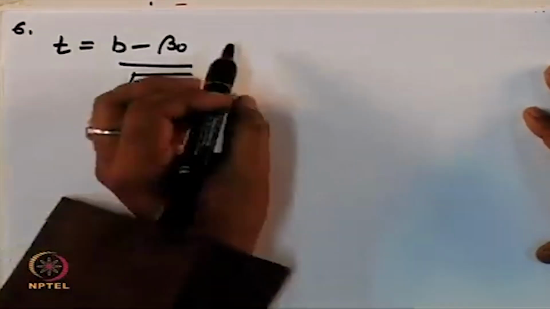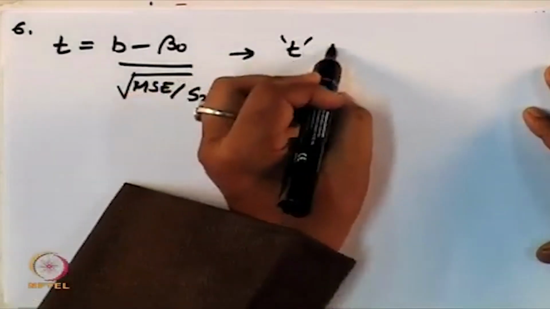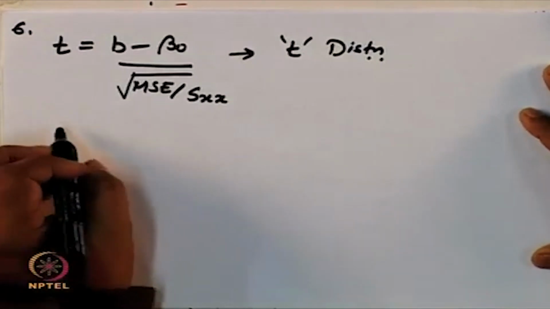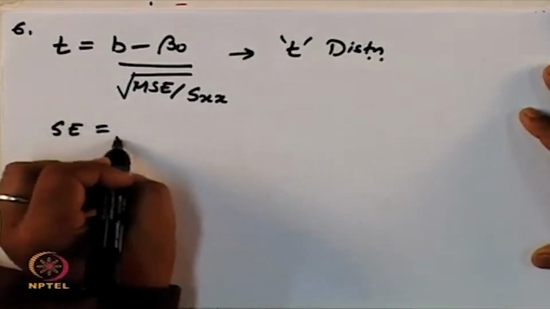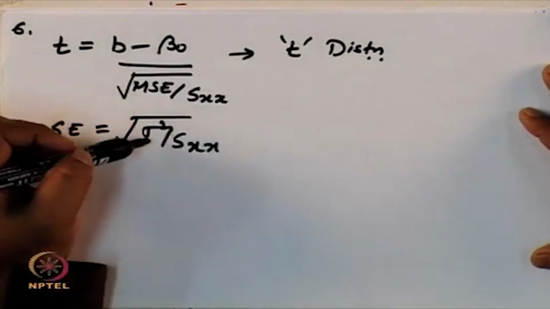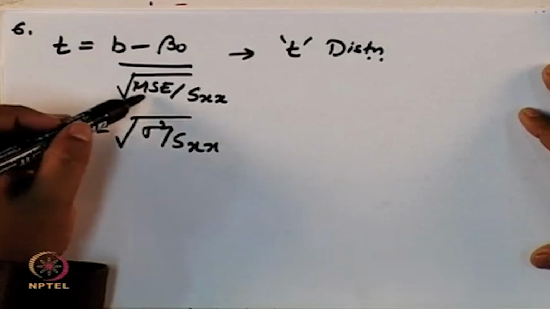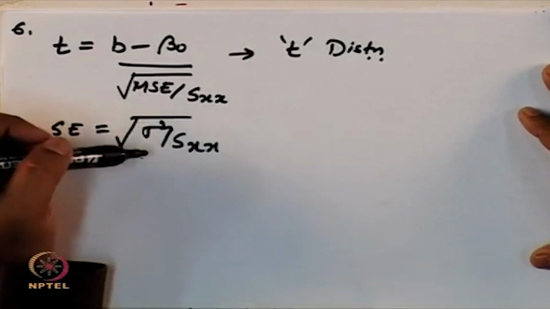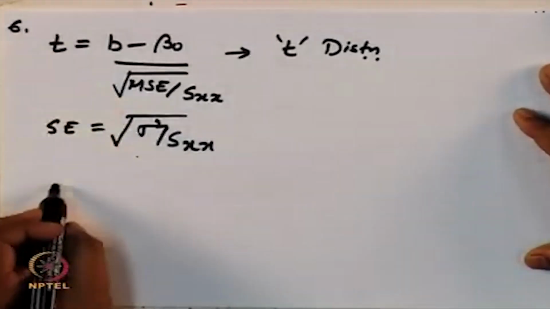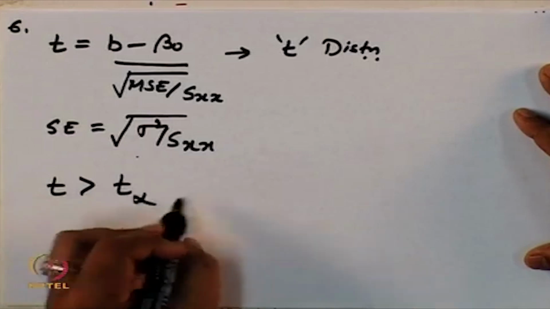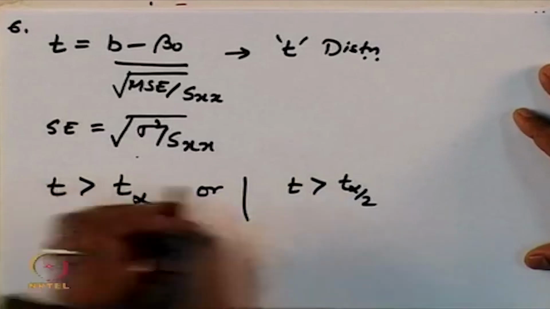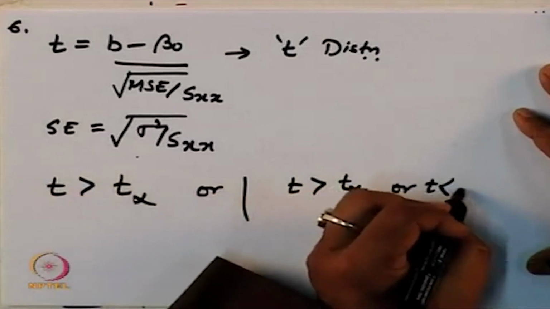This follows the t distribution, because your standard error is root of sigma square by Sxx, and MSE is the unbiased estimate of sigma square. Once you calculate the t statistic, if t is greater than t alpha, or t is greater than t alpha by 2, this is for the single tail test, or t is less than minus t alpha by 2.